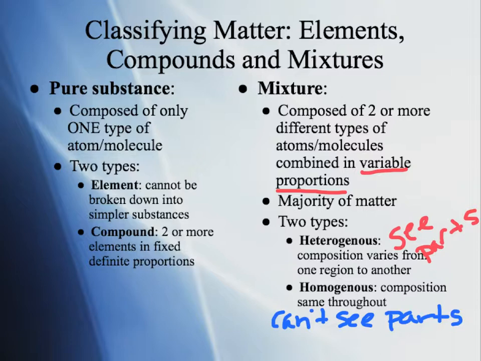It's not like they separate. So that's a homogeneous mixture. Oil and water, though, is a heterogeneous mixture because if you let it settle, it'll separate into an oil part and a water part. So that's the difference between the two.